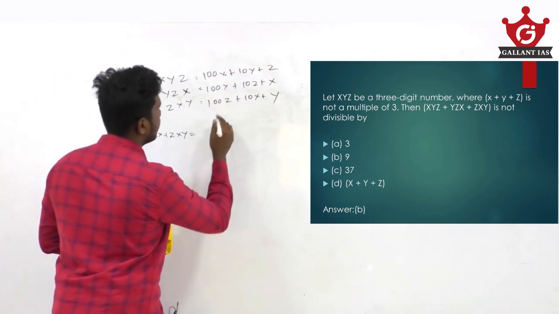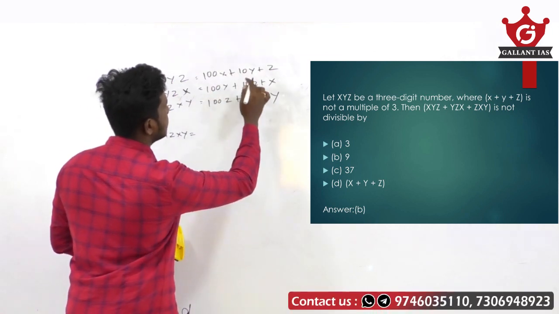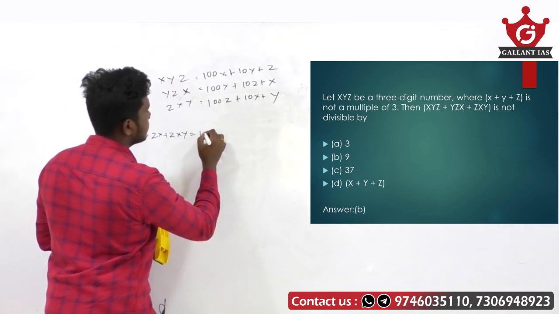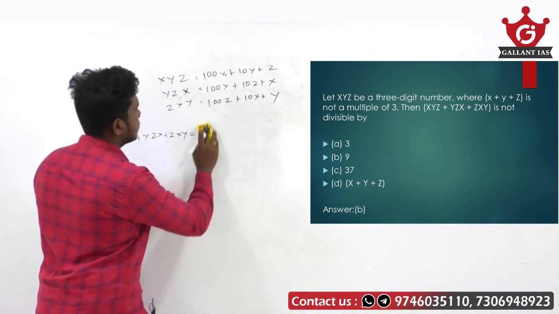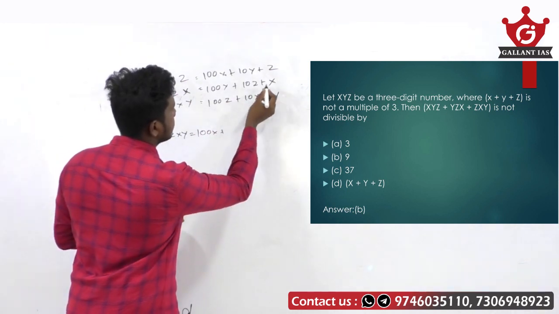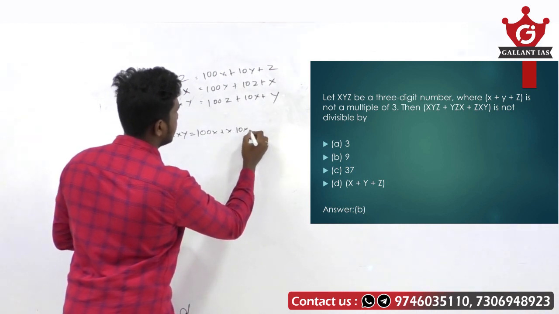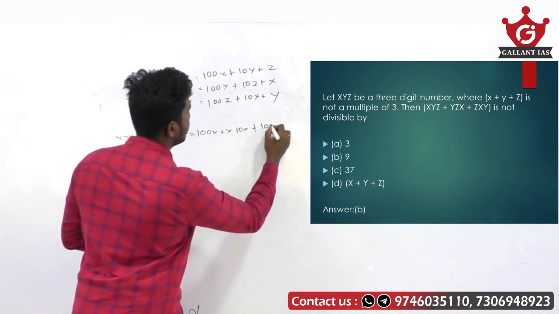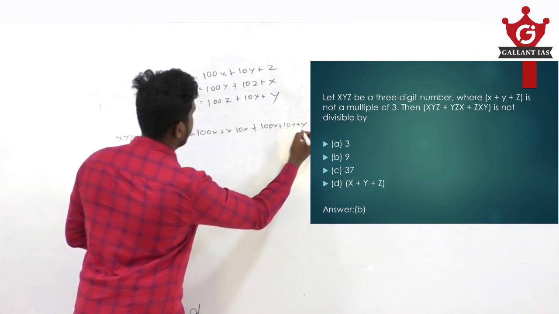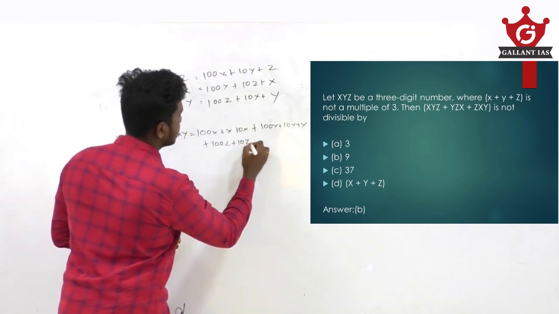So 100x plus x plus 10x, I'll write all those values. 100x plus, in the second term there is an x, plus 10x, plus 100y plus 10y plus y plus 100z plus 10z plus z.